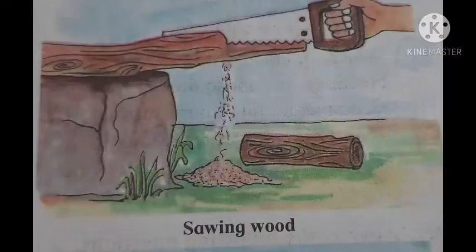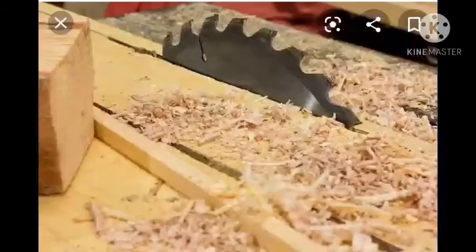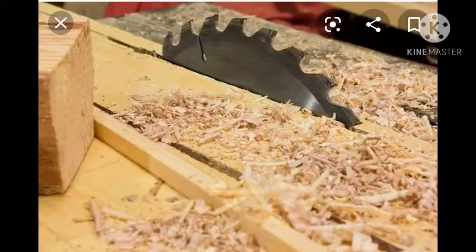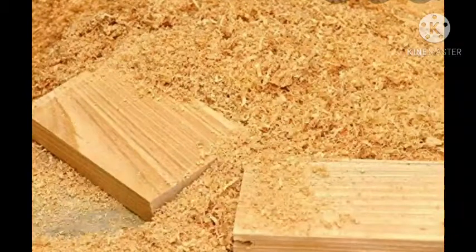All substances around us are made up of small particles. Let's look at the example which has been given in your textbook. Tiny particles of wood can be seen when the wood is cut with a saw. So, here is the clear picture shown of sawdust.